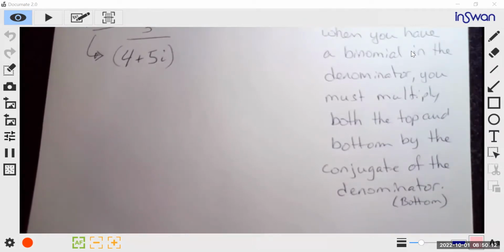When you have a binomial in the denominator on the bottom, you must multiply both the top and the bottom by the conjugate of the denominator.